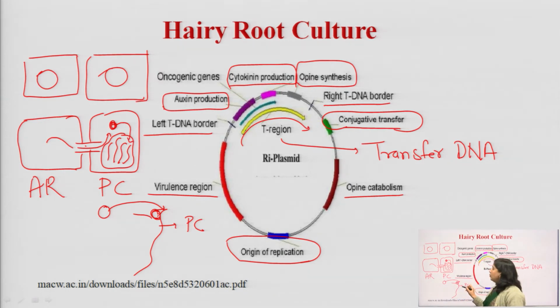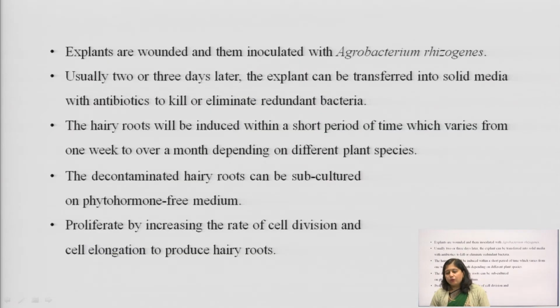Now, the chromosome of the plant cell has the entire message of how much auxins, how much cytokinins, and how many secondary metabolites have to be produced. The cells start dividing and form a callus, and from the callus generally hairy roots develop, which is why it is named hairy root culture. They are generally a very large scale producer of secondary metabolites.